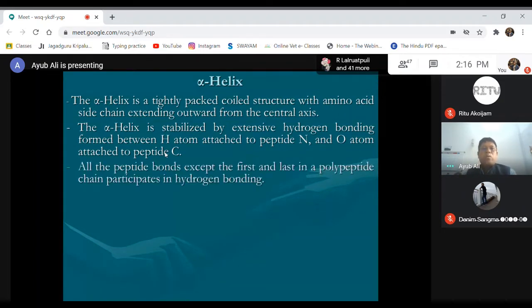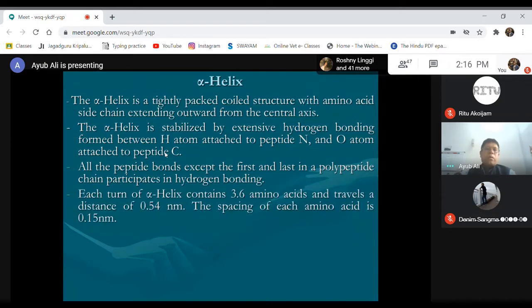All the peptide bonds except the first and the last in the peptide chain participate in the hydrogen bonding. All the other nitrogens and carboxyl groups are involved.